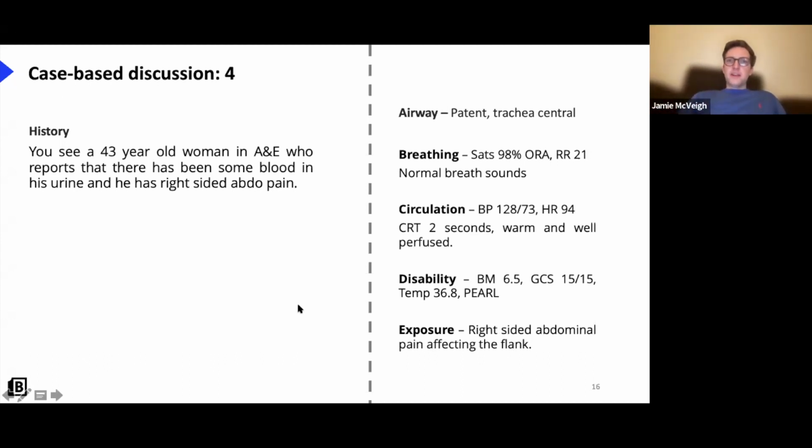Can everyone still hear me? Without? Oh, excellent. Sorry. Yeah, perfect. Yeah, without, definitely. Because the chances are the stone's going to be radio opaque, so you'll be able to see it. If you gave them a CTKUB with contrast, you wouldn't be able to see a thing. All right.